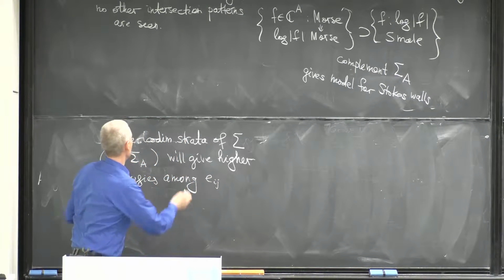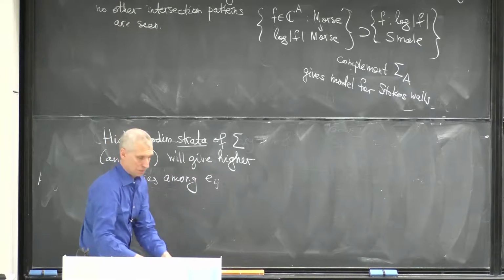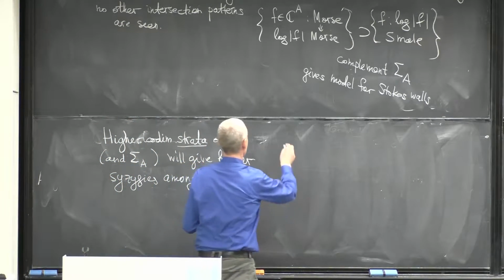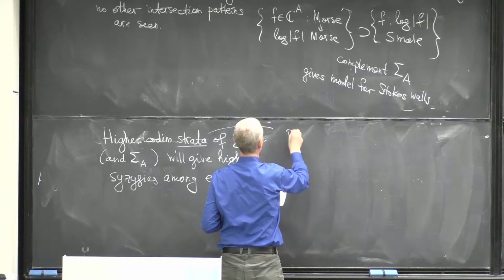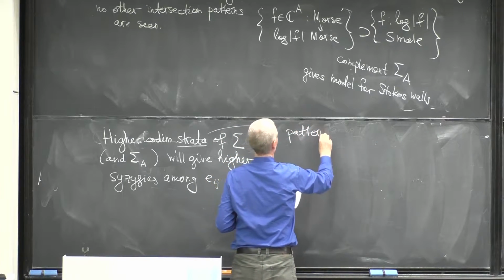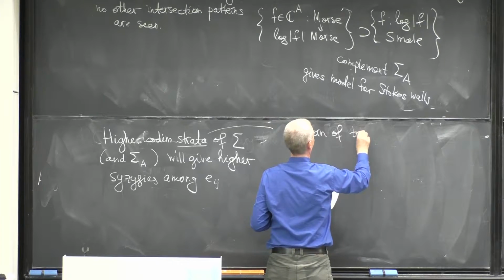So a stratum would give us a pattern of trajectories. So a stratum is a pattern of trajectories.